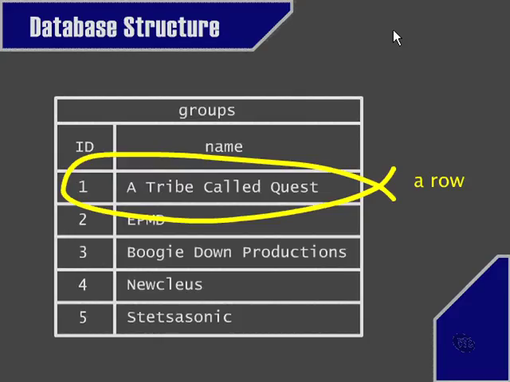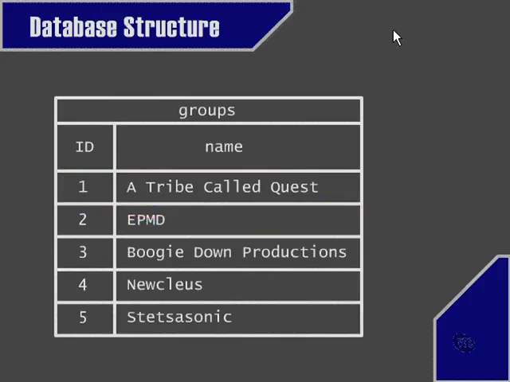A long time ago, columns were known as fields and rows were known as records. For the sake of consistency, all the way through this course, I'm going to be calling them columns and rows. A row is a distinct unit of data. So each row is an entry within our table.